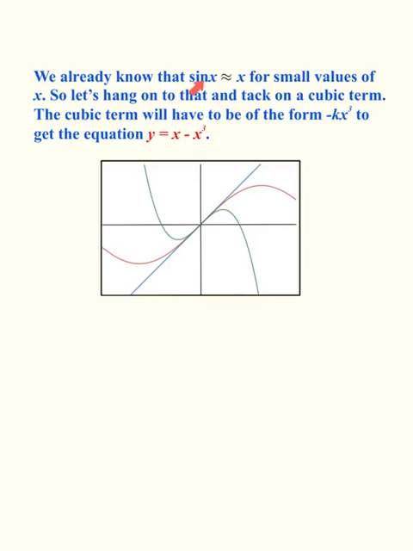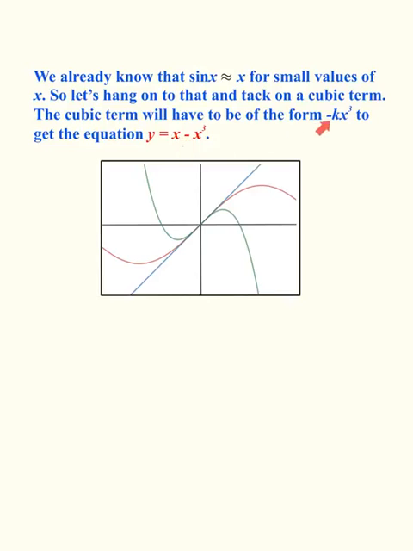Well, we already know that the sine of x is approximately equal to x for small values of x, simply meaning that that line was a pretty good approximation as long as x was close to 0. So let's hang on to that and tack on a cubic term. The cubic term will be in the form negative kx cubed to get this equation.